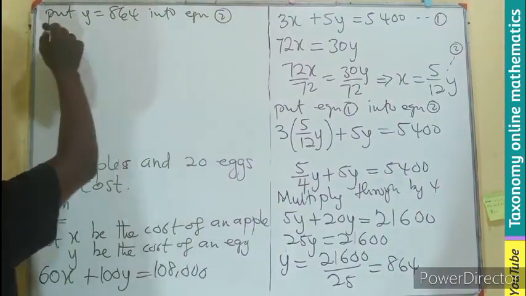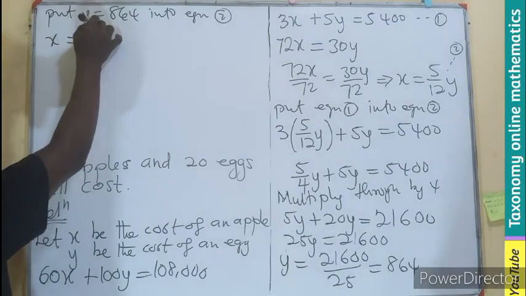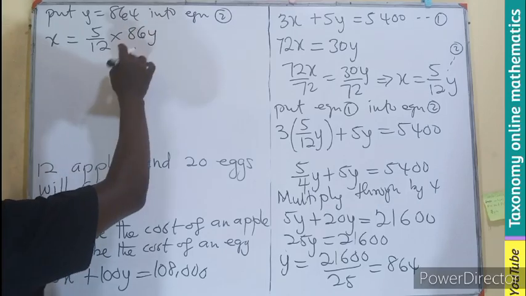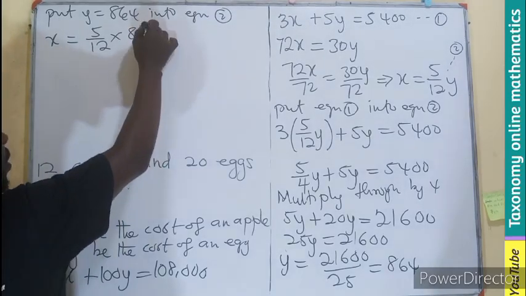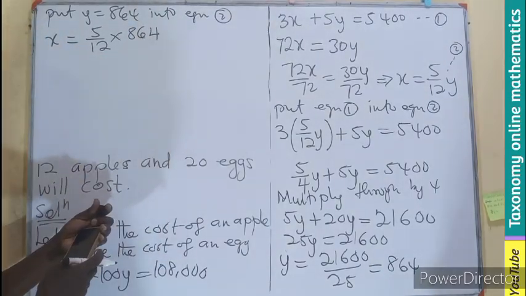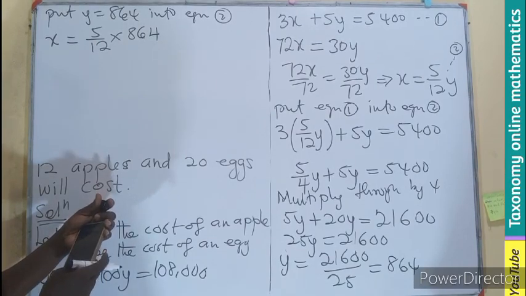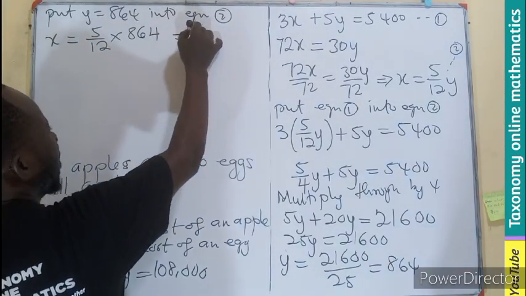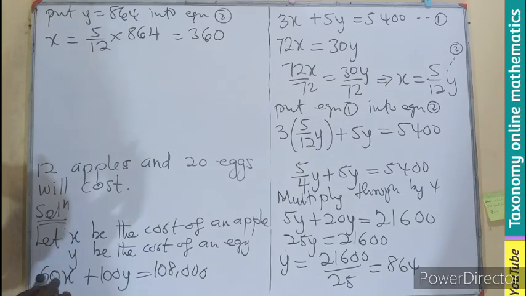That is x equals 5 on 12 times 864. 864 divided by 12 times 5 as a numerator gives us 360. So that is what we have as the cost of the apple.